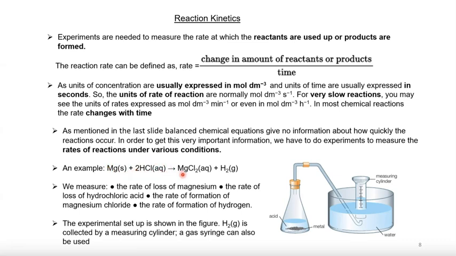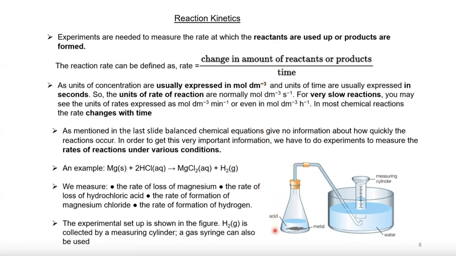We get aqueous magnesium chloride and hydrogen gas. If we measure any one of these, that means rate of loss of magnesium, rate of loss of hydrochloric acid, rate of formation of magnesium chloride, or rate of formation of hydrogen gas, from there we can find out the rate of reaction.